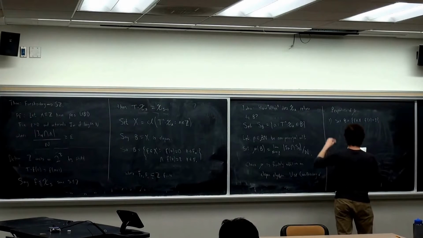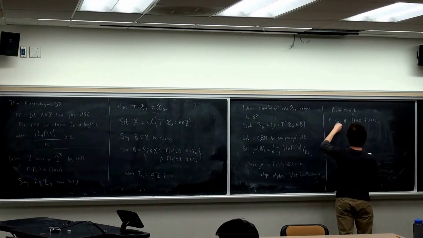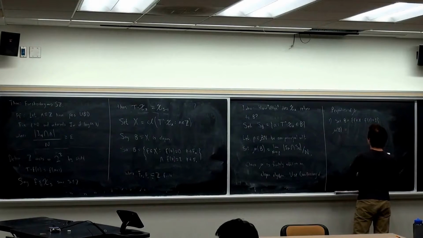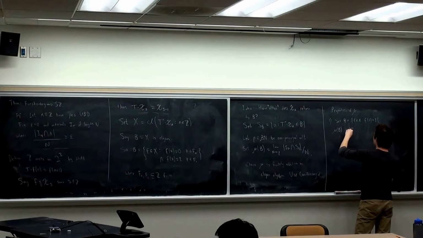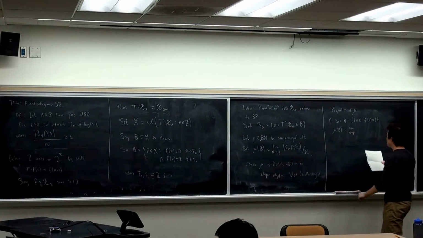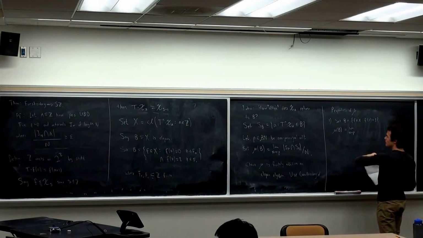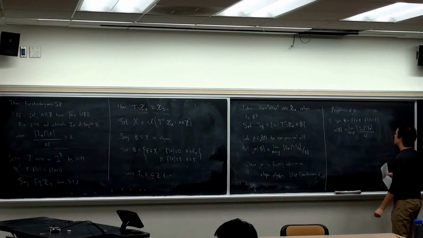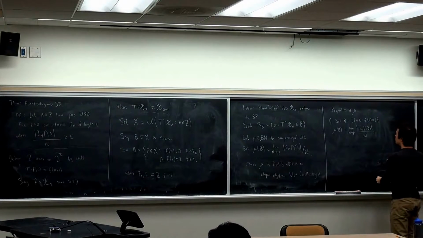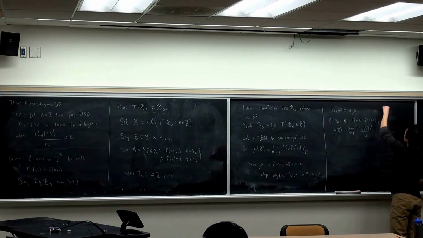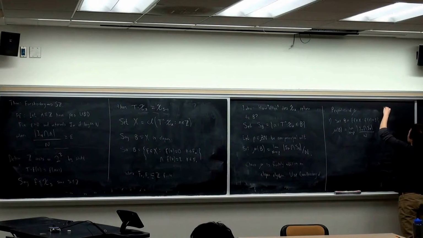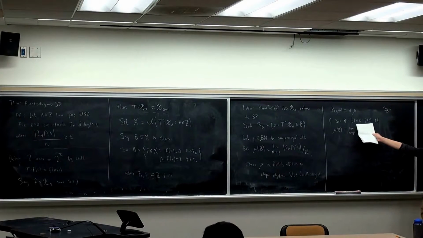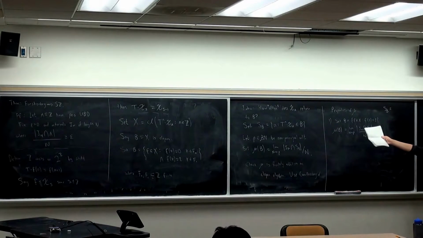So I claim, what is the measure of B going to equal? This weird ultralimit of the set cardinality of I_n intersect S_B over n. But S_B, let's just do this computation on the side. Can anyone tell me for this particular B what S_B is?